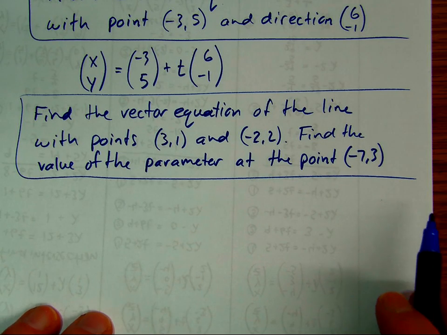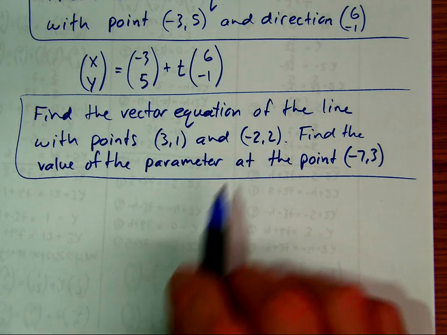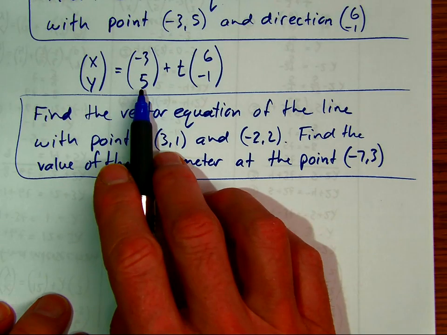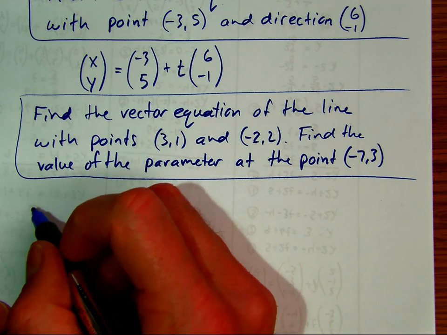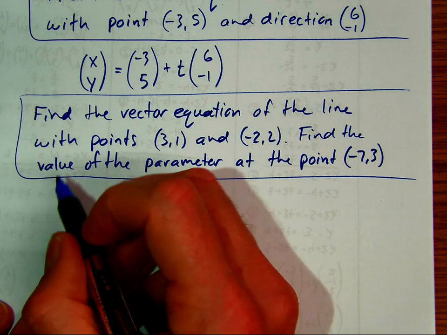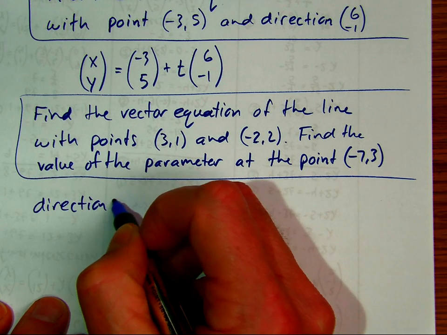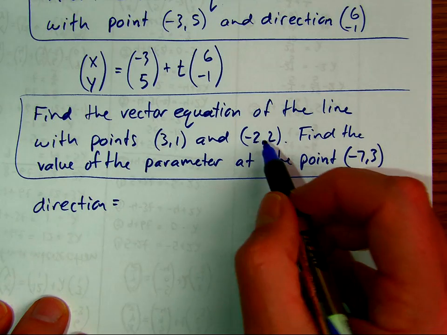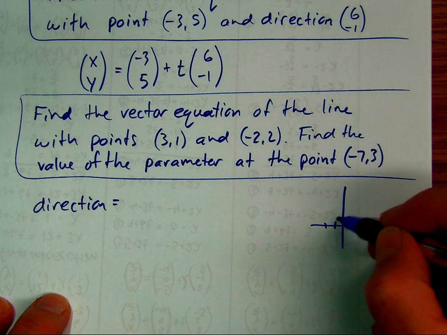All right. So we have 2 points. So that's the first step in writing the vector equation of the line. Now we need a direction. So we could say that the direction vector is the vector from one point to the other point. There's that point.